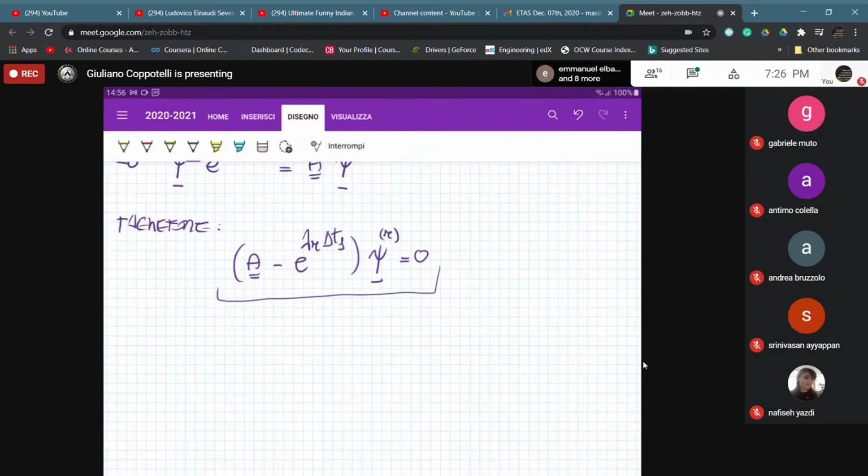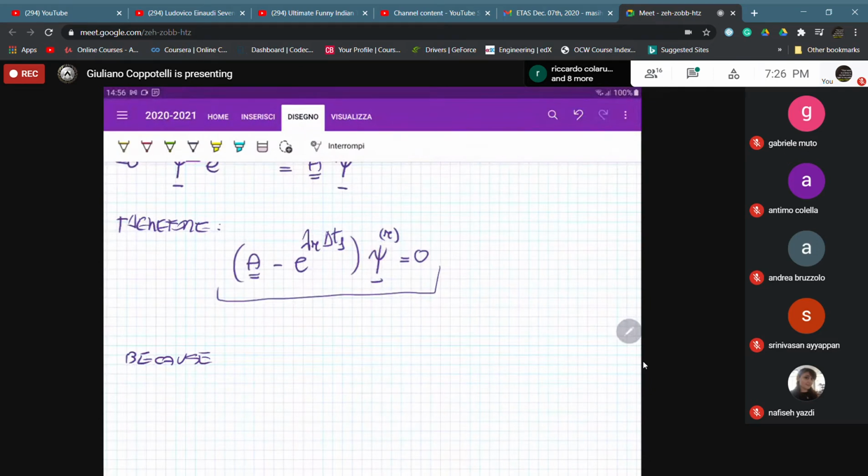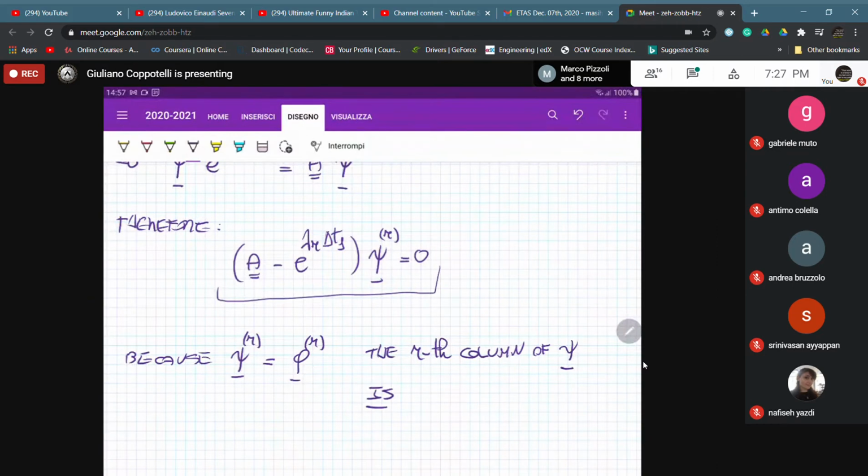Specifically, your psi r is your phi r by definition, the r-th column of the psi matrix is the r-th eigenvector, and we build that in that way.